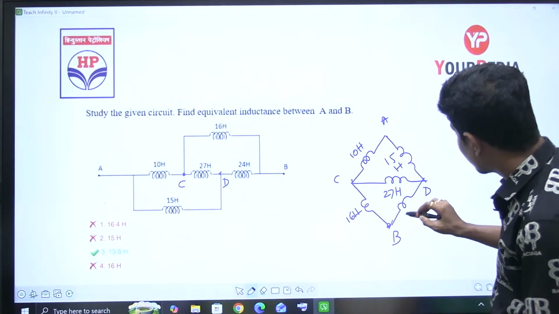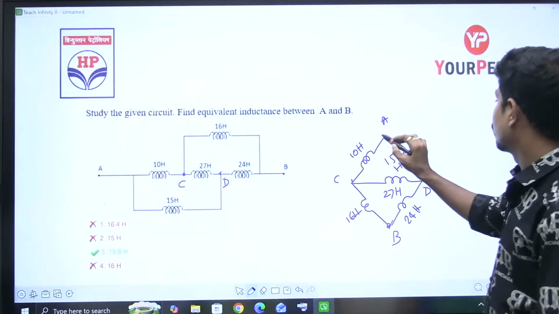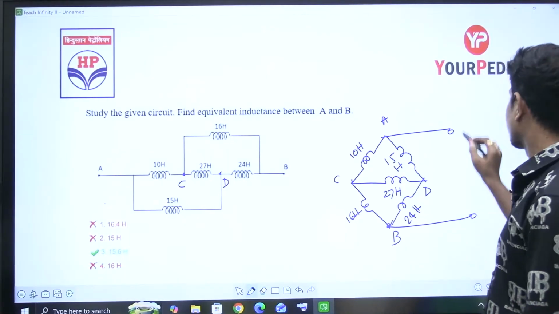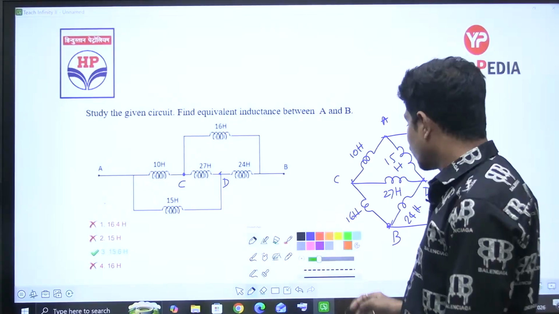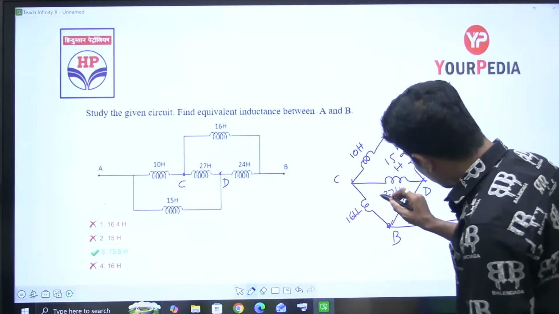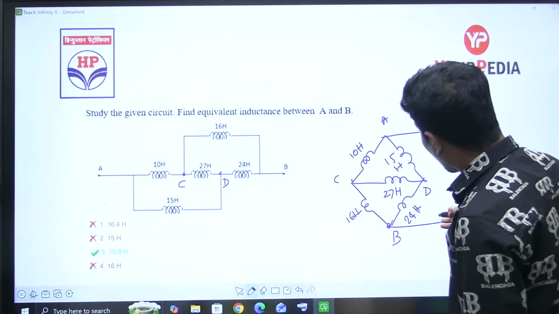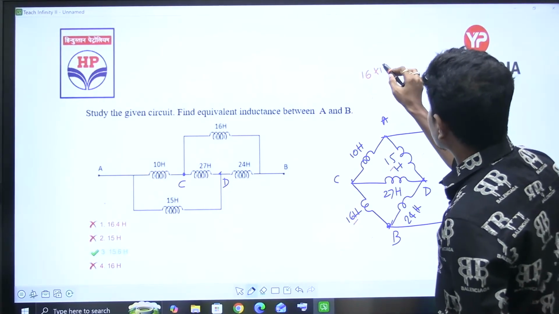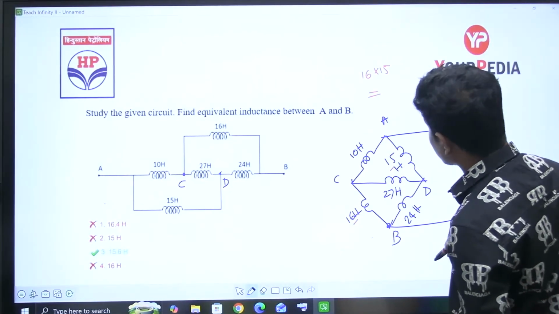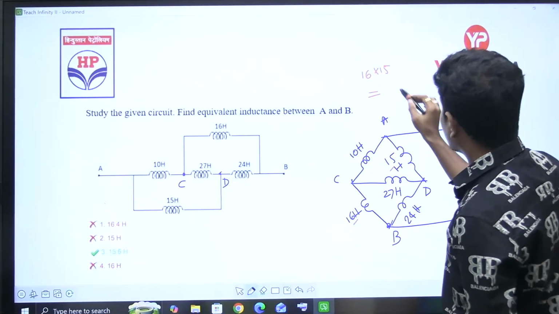If you see, this is a bridge circuit. This is A and B. Now we have to check for the bridge balance. If the bridge is balanced, this middle one can be neglected. How to check the bridge balance? If the product of opposite elements is equal, then the bridge is said to be balanced. 16 into 15, and 10 into 24.